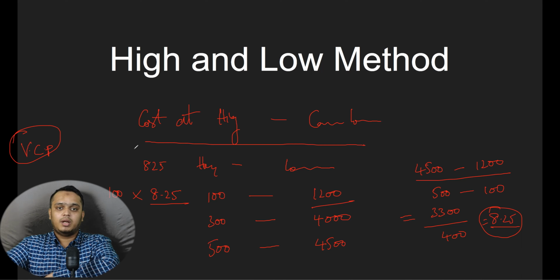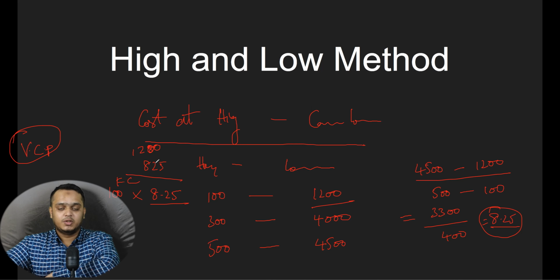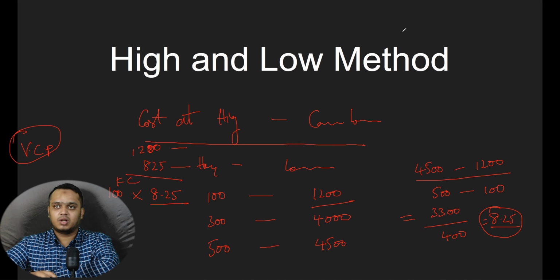So 1,200 minus 825 is my fixed cost, and you guys can calculate and know it. So basically, I found out my variable cost, which is 825. My total cost is 1,200, and the balance will be my fixed cost. I hope you guys are clear with this particular concept.